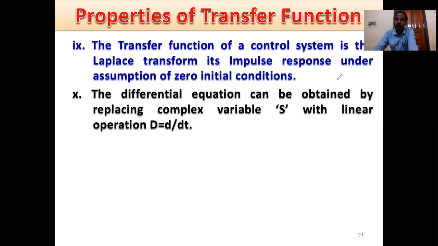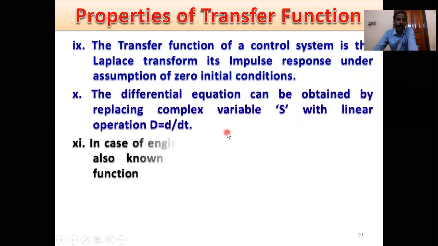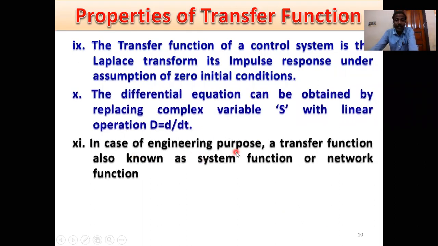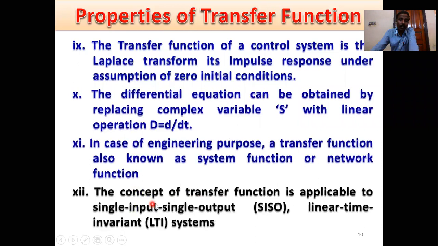This is the form. For engineering purposes, a transfer function is also known as a system function or network function. The concept of transfer function is applicable to single input, single output (SISO) systems and linear time invariant systems. This is also important.